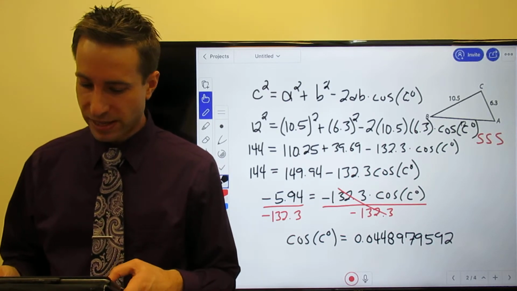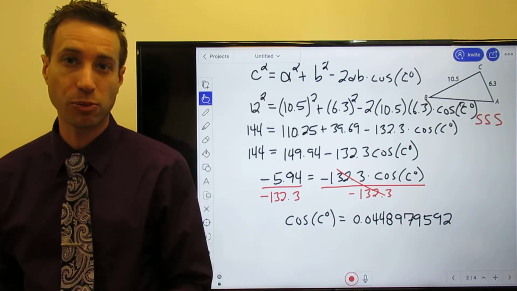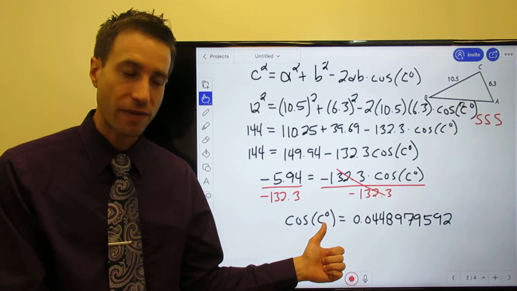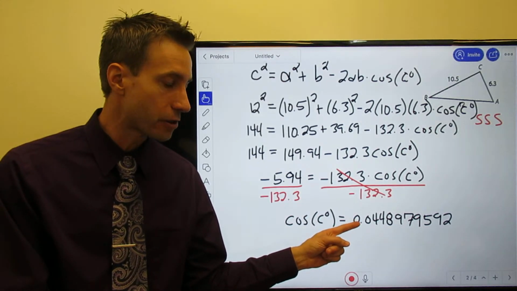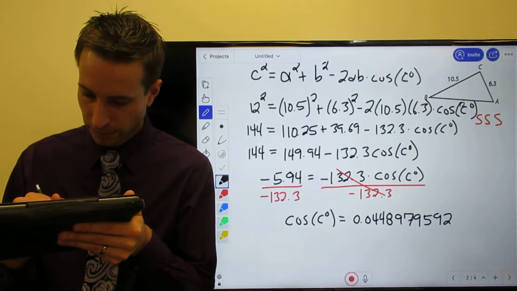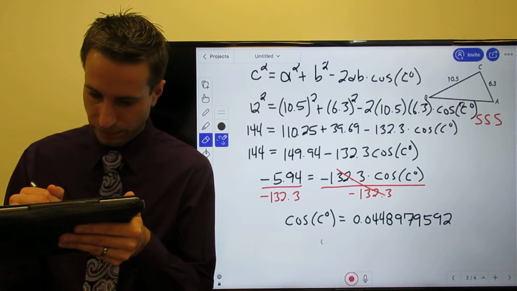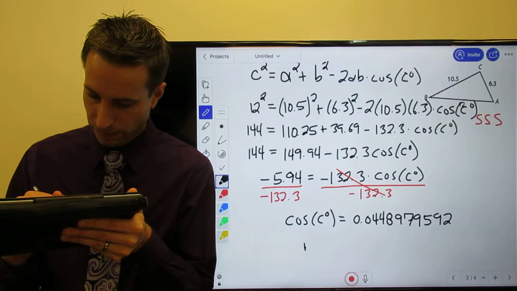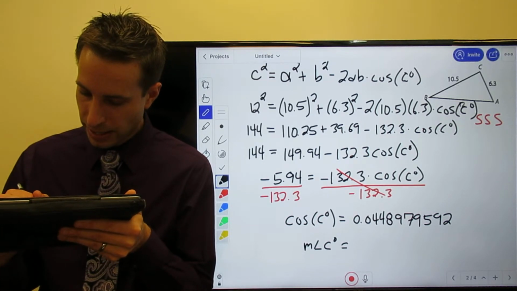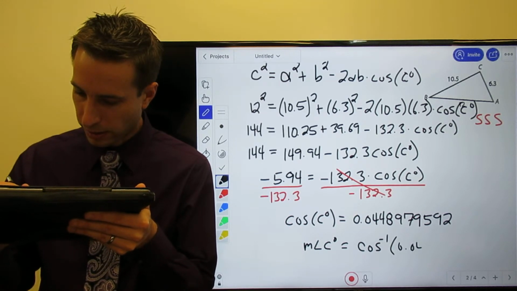Okay, so now this goes back to both the previous section in this chapter and all the way back to the previous chapter. We're trying to solve for the angle C. Well, in order to solve for the measure of angle C, I'm going to have to take the inverse cosine of this guy. So the measure of angle C is equal to the inverse cosine of this whole guy.